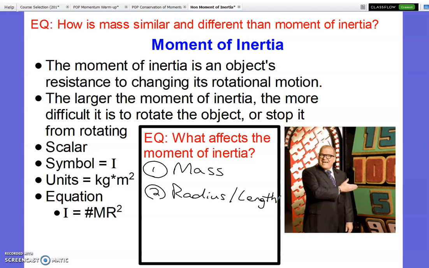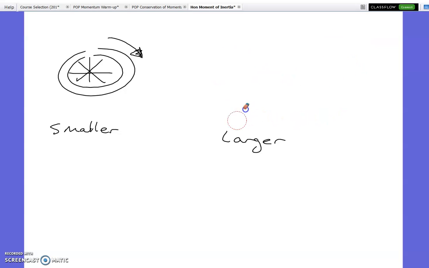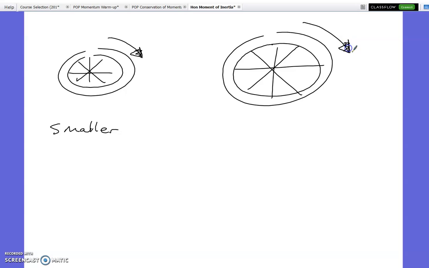So if we have two bicycle tires, each of the same mass, the one that has a wider radius is going to be more difficult to spin than the one with the smaller radius. So if they have the same mass, this one being a wider radius will still have a larger moment of inertia.